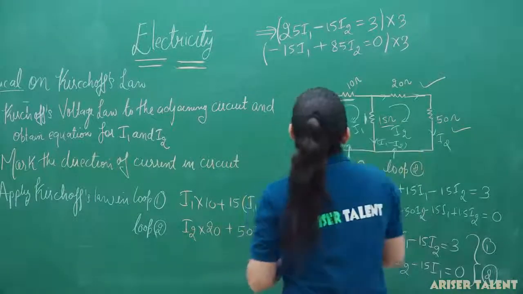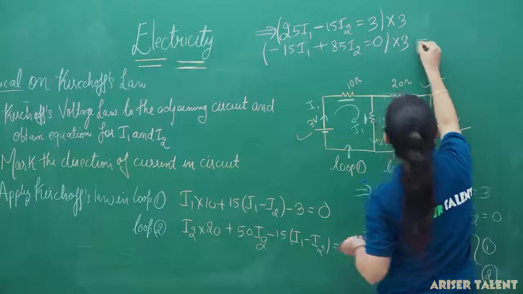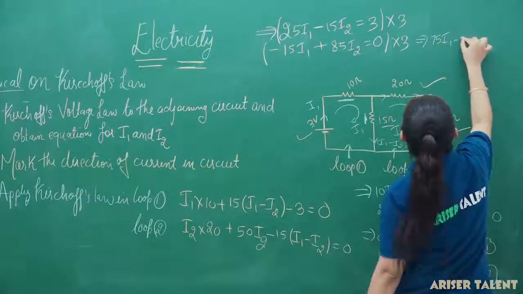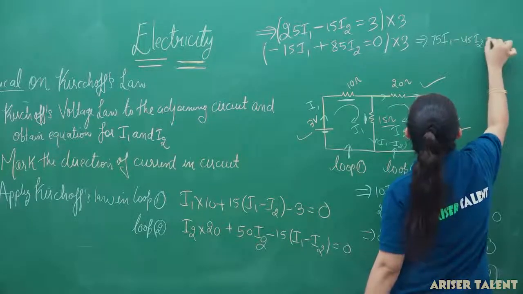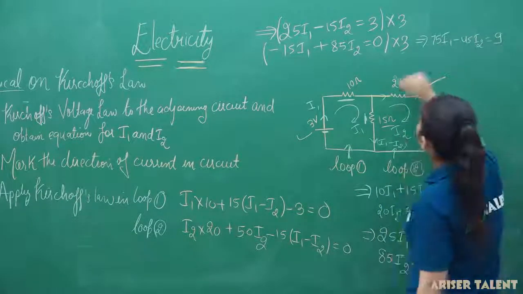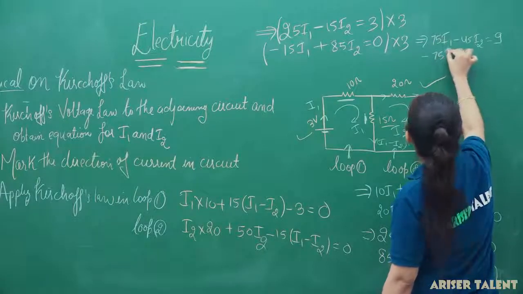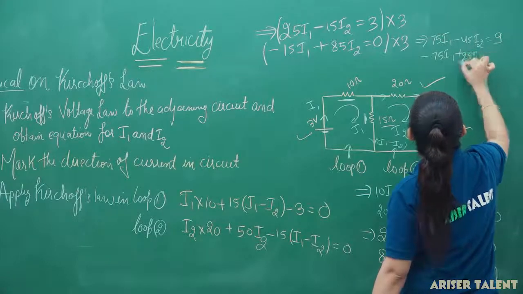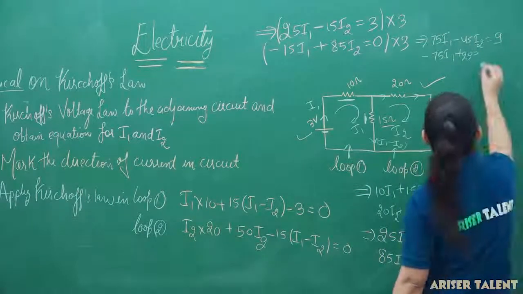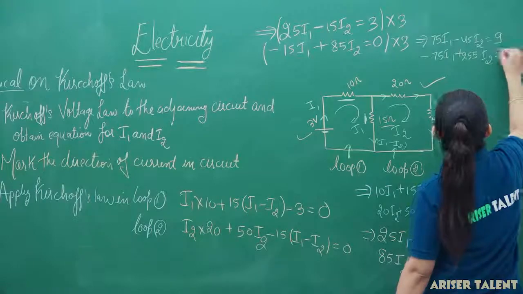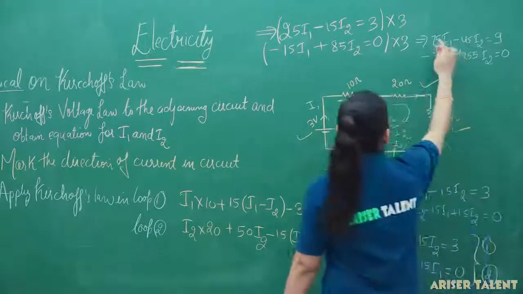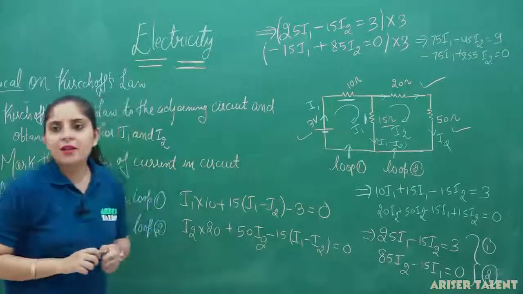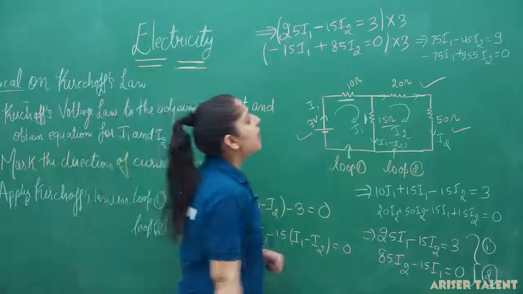If you multiply both these equations, you will get 75 I1 minus 45 I2 equal to 9, and similarly 75 I1 plus 255 I2 equal to 0. You can see that you are getting 75 and 75, one with a positive sign and one with a negative sign. So, just add these equations.